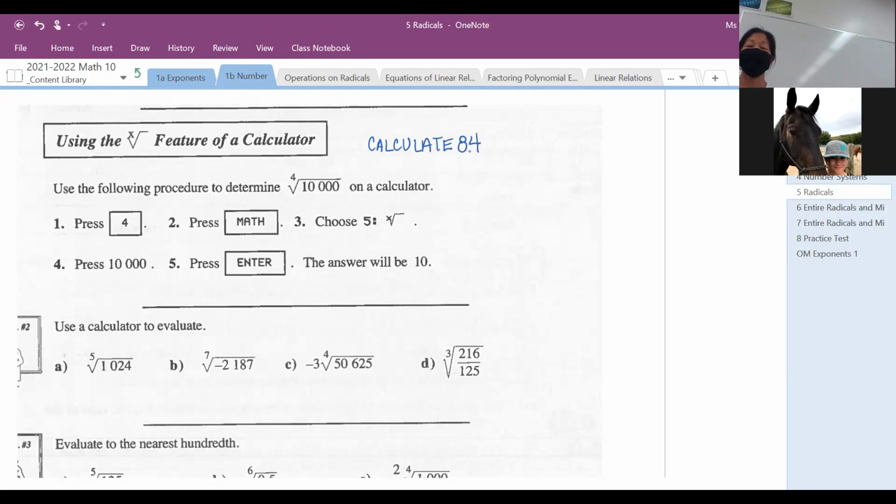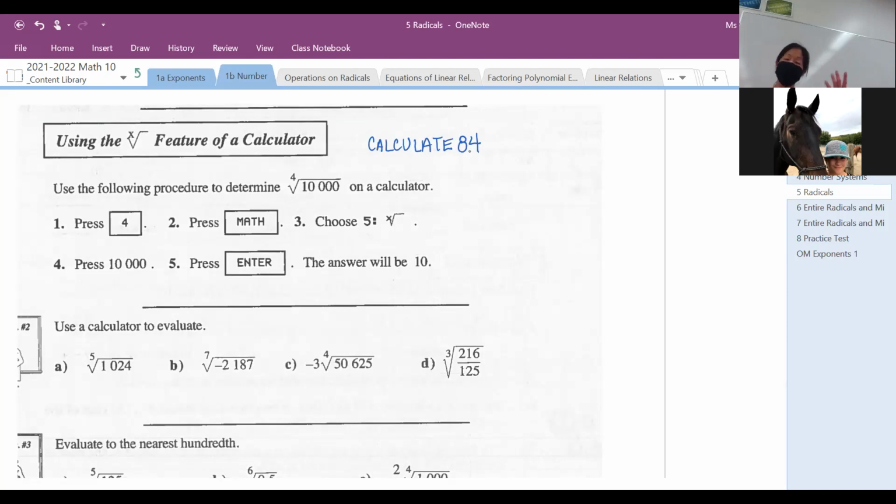What's the app called again? Calculate 84. You don't need it, Zachary, because you've got your calculator, but it's not bad to have in case you forget your calculator or it's out of batteries, right?